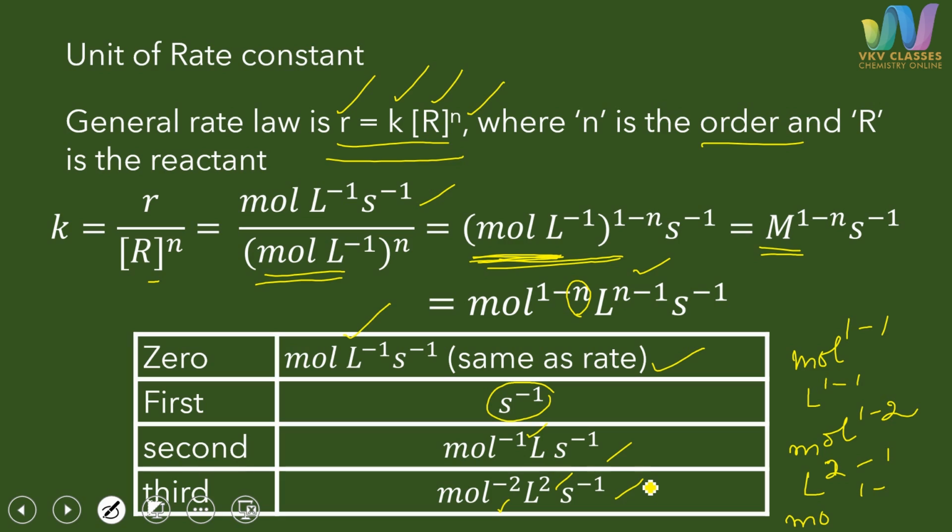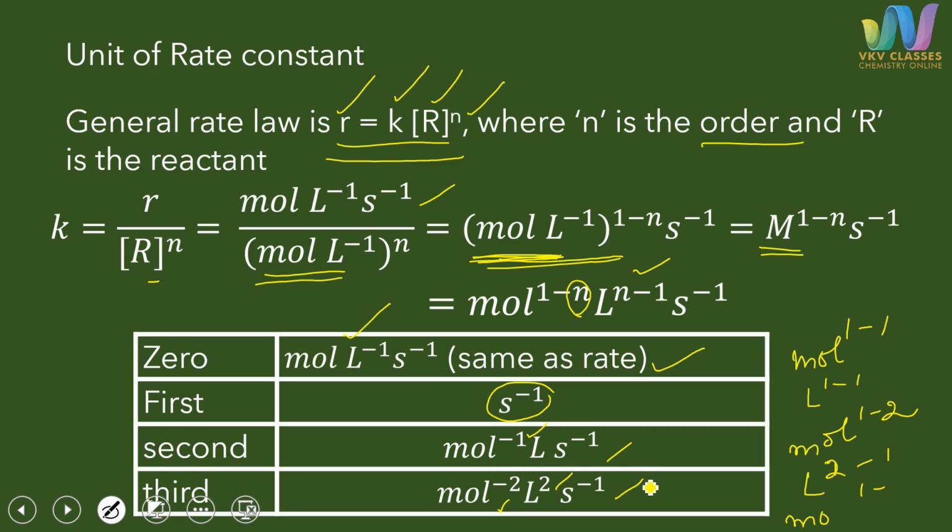For fourth order, it will be mole power minus 3, liter power 3, second power minus 1. So second power minus 1 or time power minus 1 is coming in all the units. By looking at the unit of K value, you can understand what the order of the reaction is. Or to put it another way, the unit of K depends on the order of the reaction.